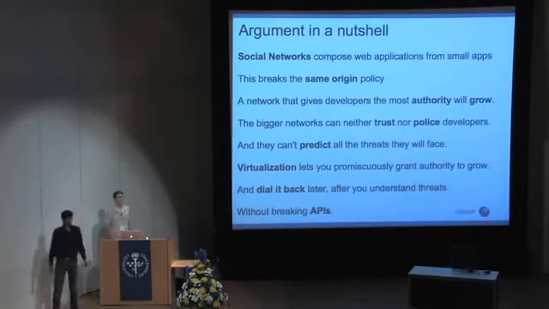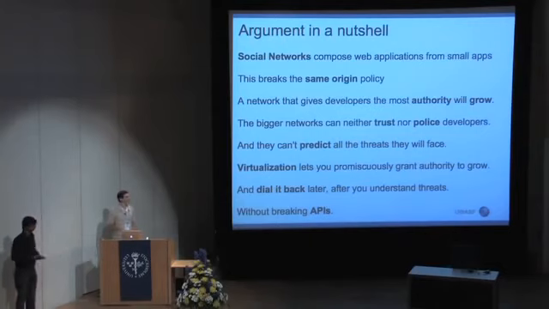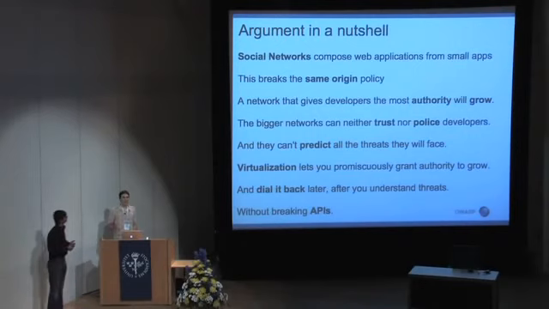Since you guys are from OWASP, I'm sure you understand the same origin policy, but just to recap, the same origin policy assumes that all the code running in the browser for a particular site is vetted from or produced by that organization. So the user sees the domain name in the URL bar. Because all the code running in that site comes from that organization, they can make an informed decision to trust that site with their data.